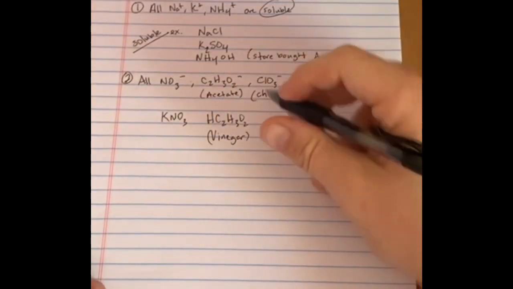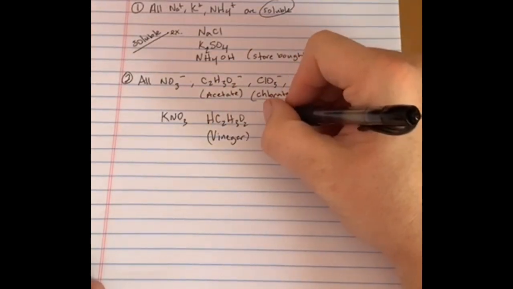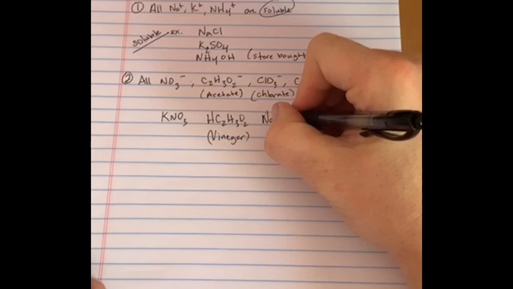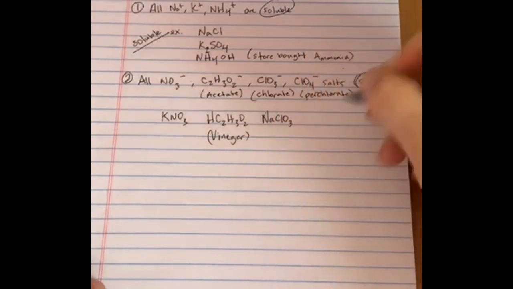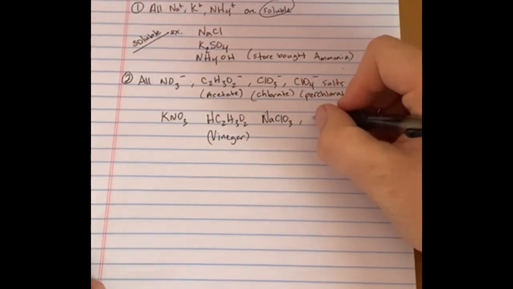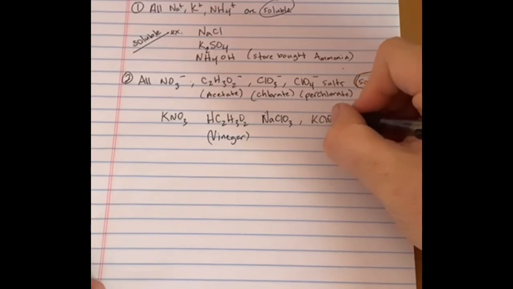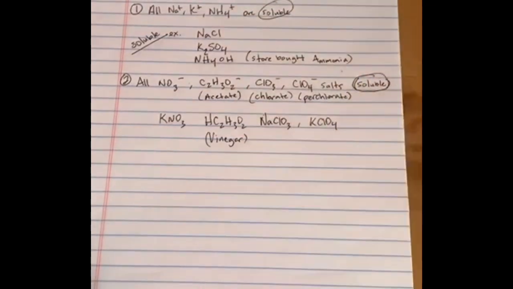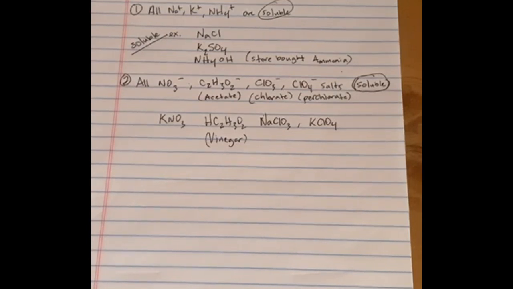The proper term for that is acetic acid. Let's do sodium chlorate. We could do potassium chlorate or perchlorate. Those would all be soluble. Do you guys get the idea? Or do I need to go through all of them?